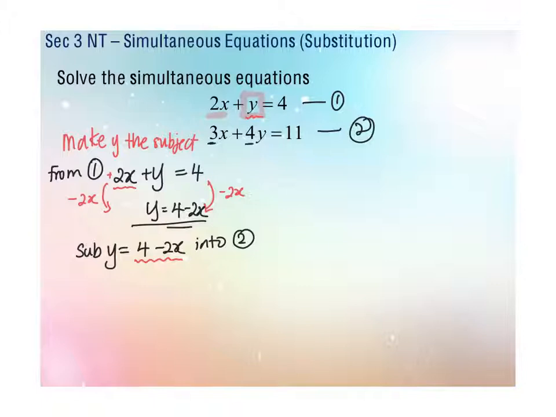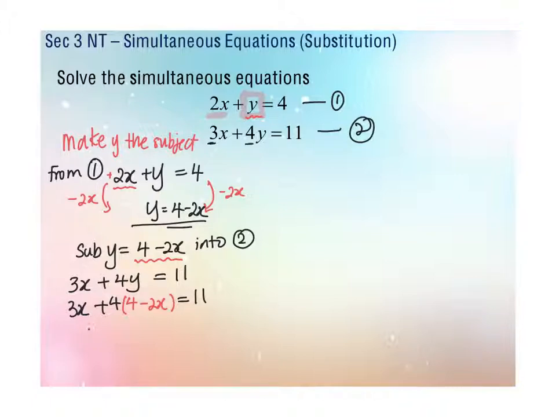So equation 2 says 3x plus 4y equals 11. Replacing this, we will have 3x plus 4 bracket. What do we put inside the bracket? 4 minus 2x, equals 11. Now there is a bracket down here, we need to expand it out.